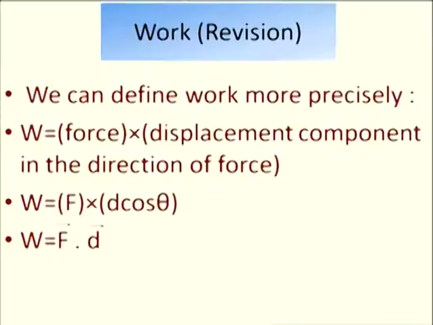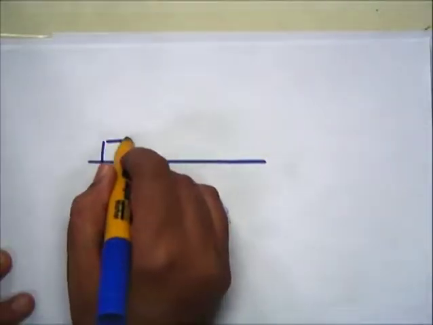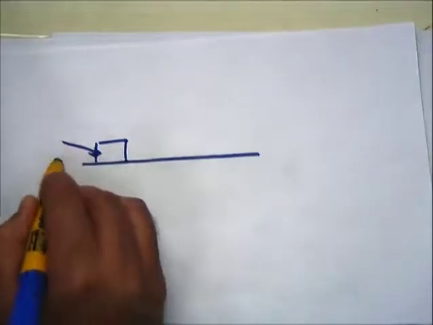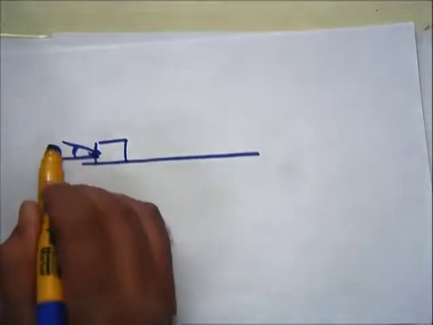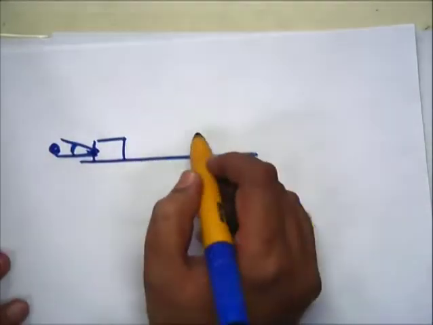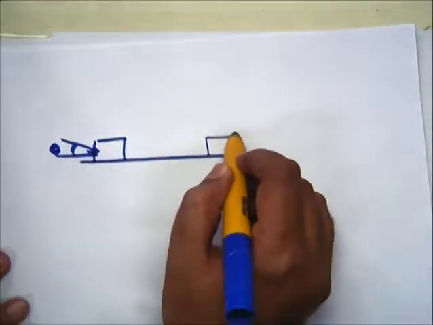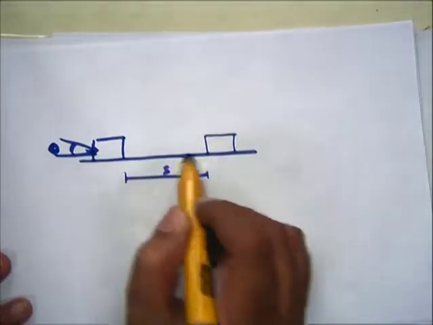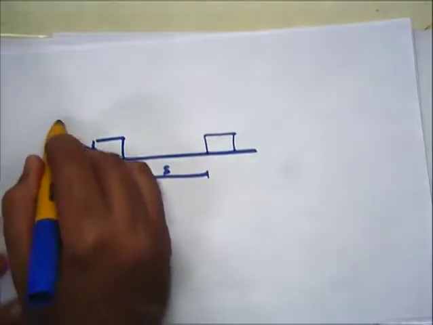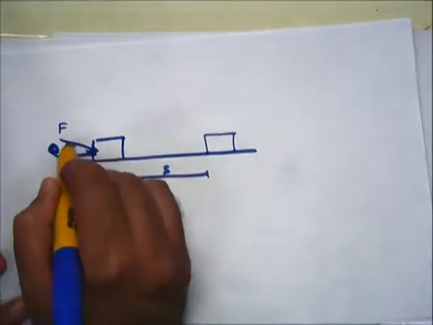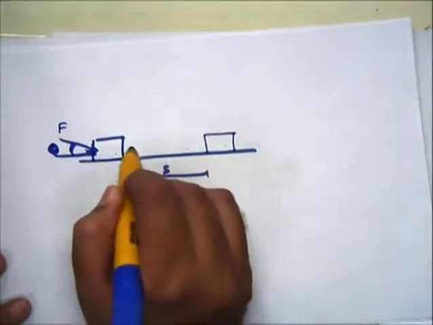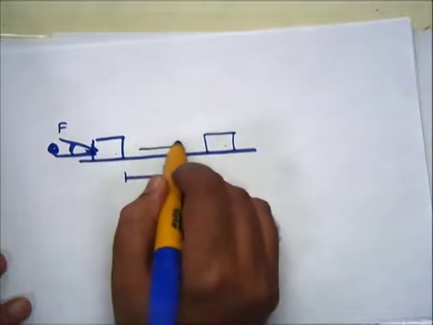Suppose the object is here and we are giving the force at angle theta with the horizontal, and this object moves by distance S. You can see that the direction of the force is theta degrees with the horizontal and the movement of the object is in the horizontal direction.